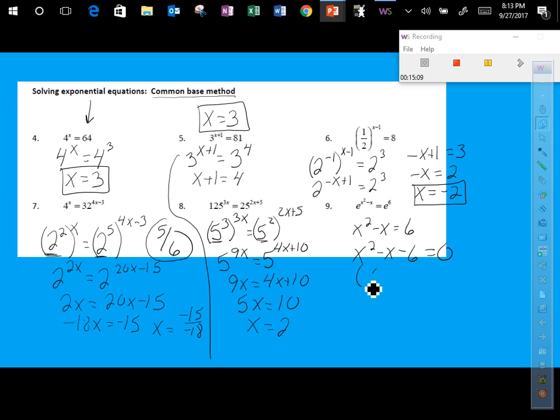Let's factor this into x minus 3 and x plus 2. So in this case, I have two possible values. I could have positive 3 or negative 2. So there's how we solve exponential equations using a common base. Next time we'll look at logarithms.